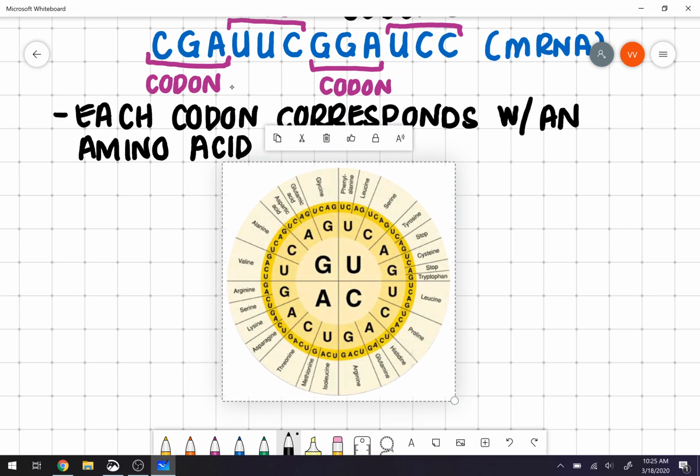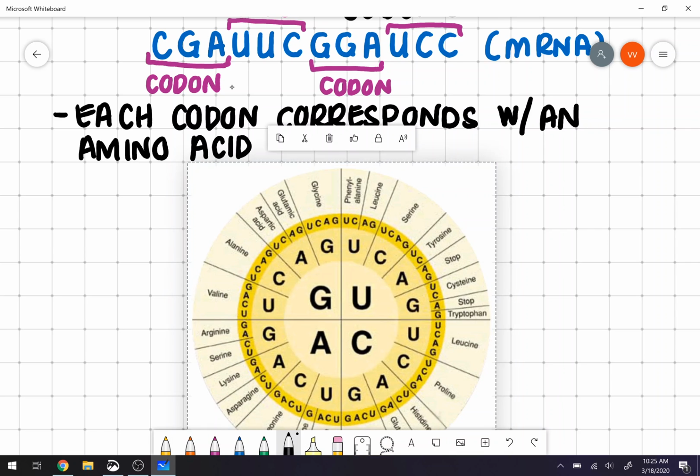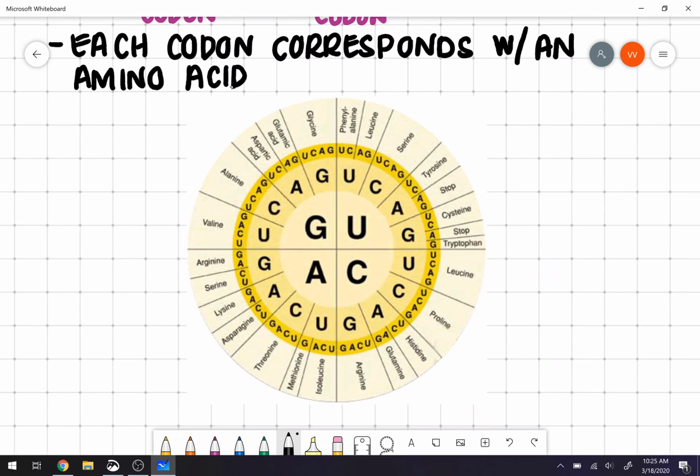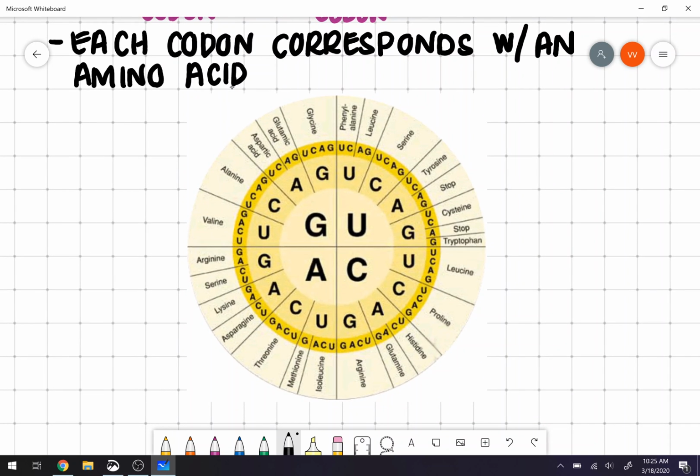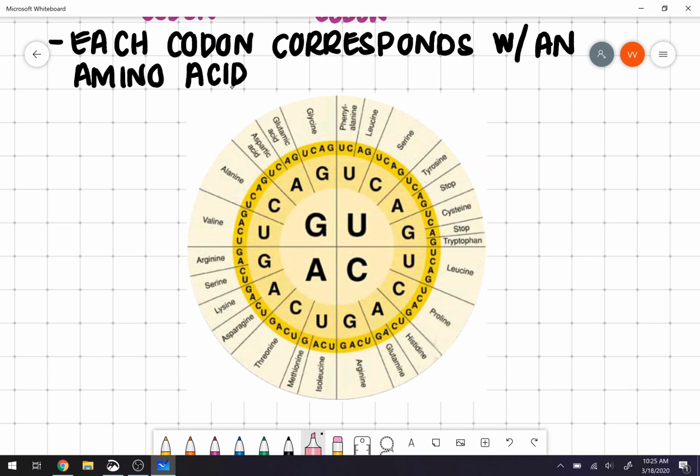You should be able to use this chart. It's going to be expected of you at some point. And this chart is pretty easy to use if you understand where to start. You're going to start basically in the middle. The first letter of your codon is going to come from here, in the lightest color.